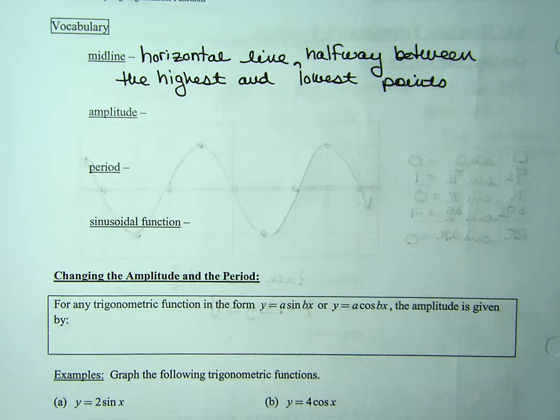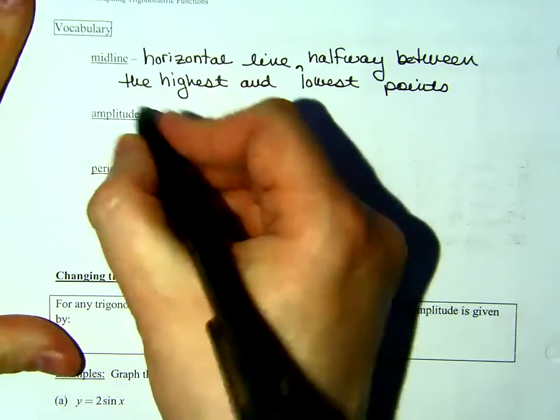The amplitude. The amplitude is going to be the vertical distance from the midline to the highest or to the lowest points.